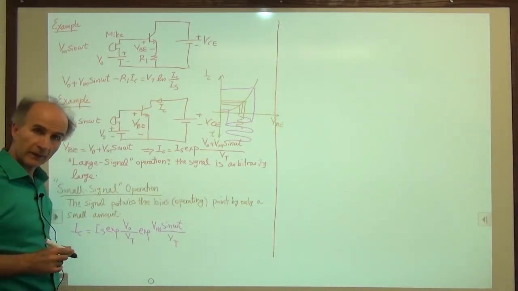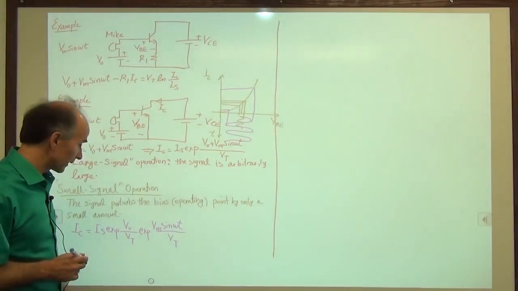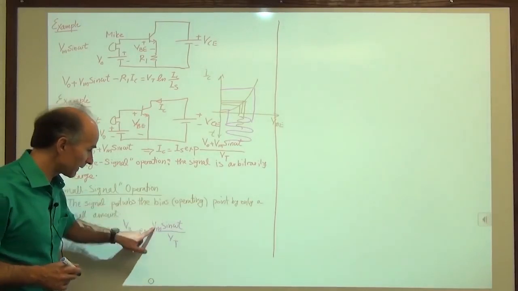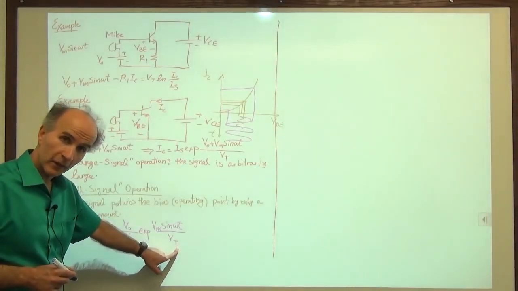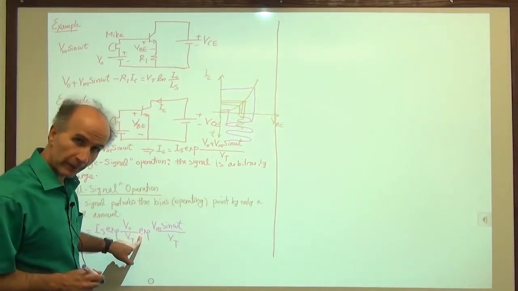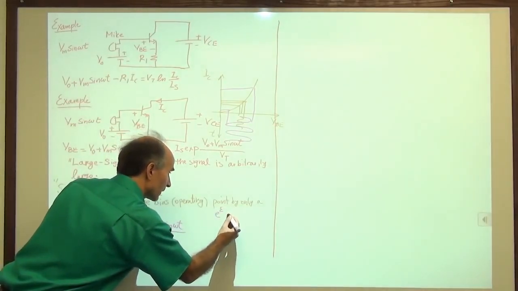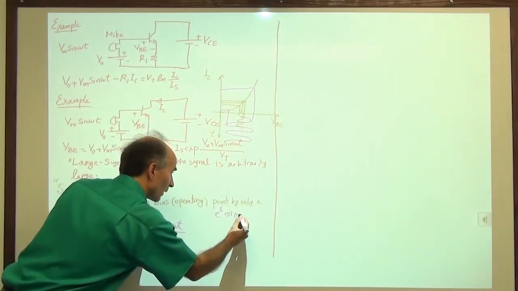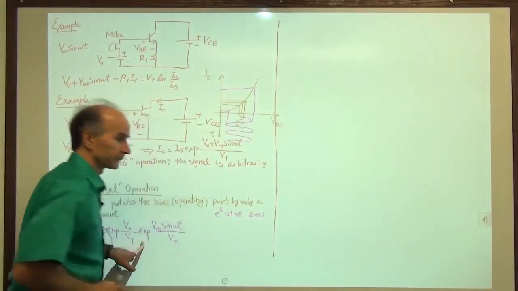I just separated them. Now, what I would like to do is assume that this argument is much less than 1, because I know that e to the epsilon is approximately equal to 1 plus epsilon if epsilon is much less than 1.